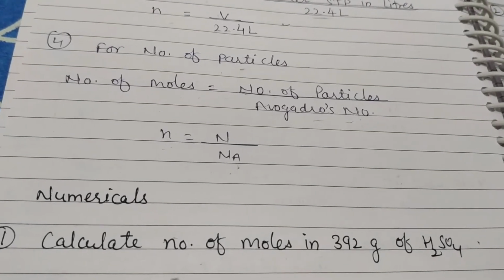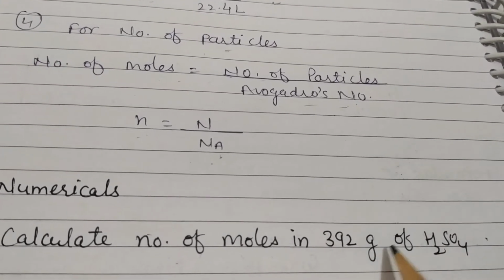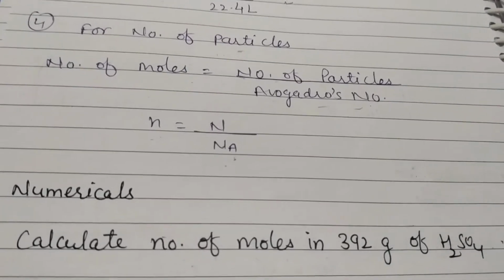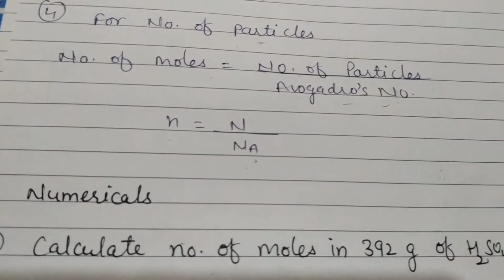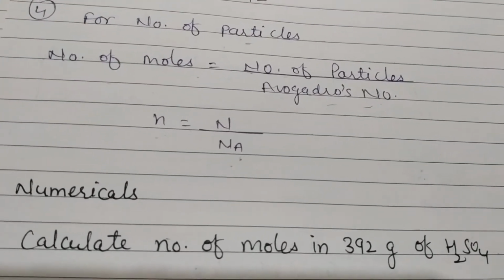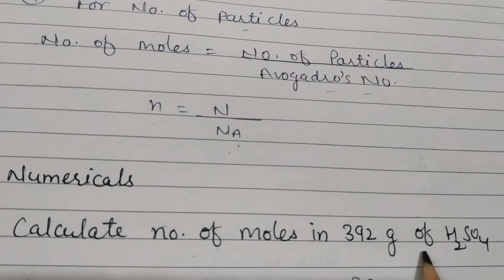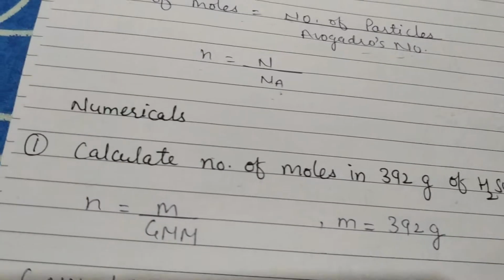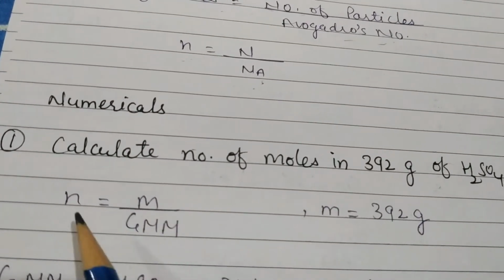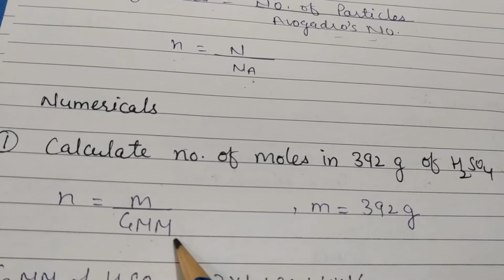The first numerical is: calculate the number of moles in 392 gram of H2SO4. What is given? H2SO4. What is H2SO4? It is a molecule. So we will apply the gram molecular mass formula. The formula is n = M divided by GMM, gram molecular mass.